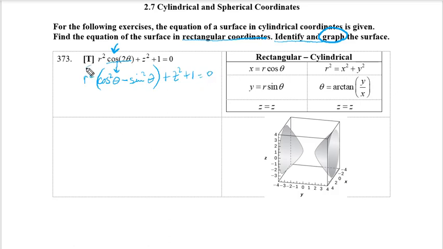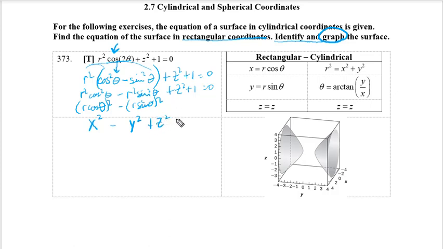If we multiply this out, we get r squared cosine squared theta and r squared sine squared theta, which is the same as (r cosine theta) squared and (r sine theta) squared, which is x squared and y squared. And then we have the z squared and the 1.